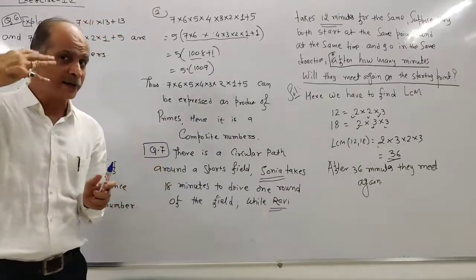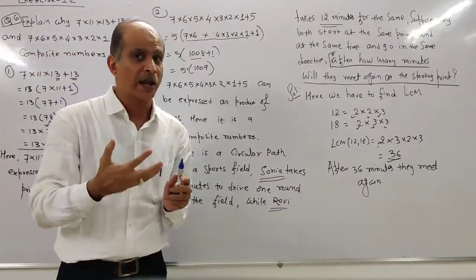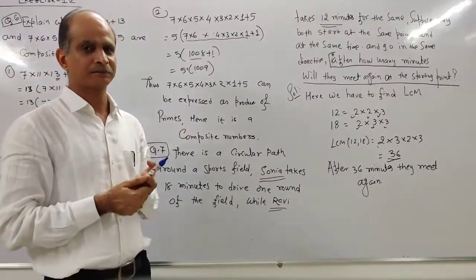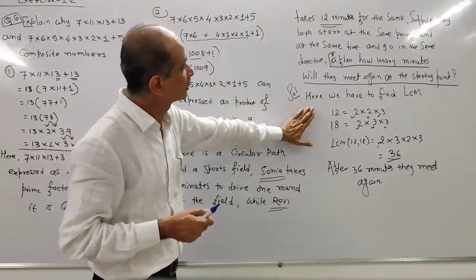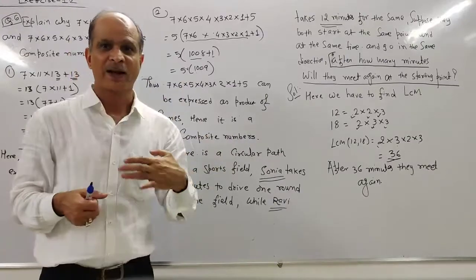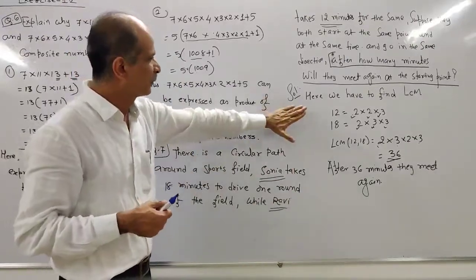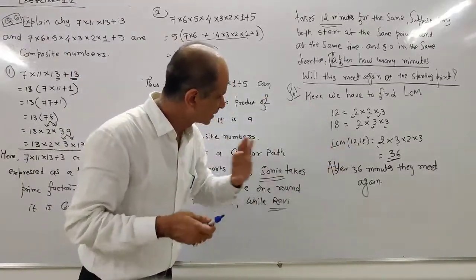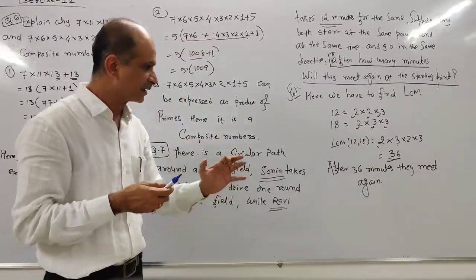So here you have to identify whether you have to find out HCF or LCM. From this example we conclude that we have to find out multiples, and that's why LCM is required. So we have found out LCM is 36. So after 36 minutes they meet again.